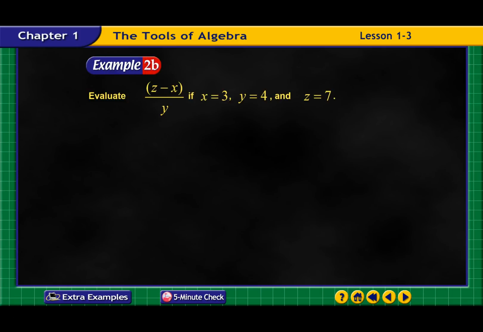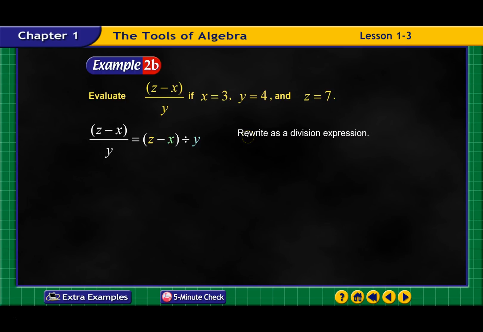Okay, we're going to put this in now. Now we're actually going to use that z. So the first thing we do is substitute them in. They want you to rewrite it. That's okay. This is more like a calculator. I like this better, but if you're punching into your calculator, this is a little easier, I guess.